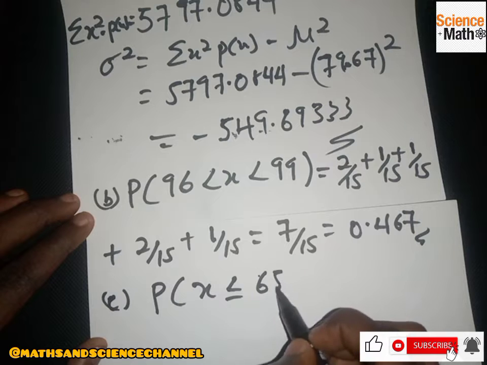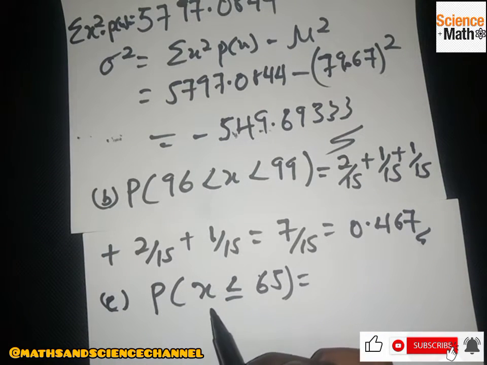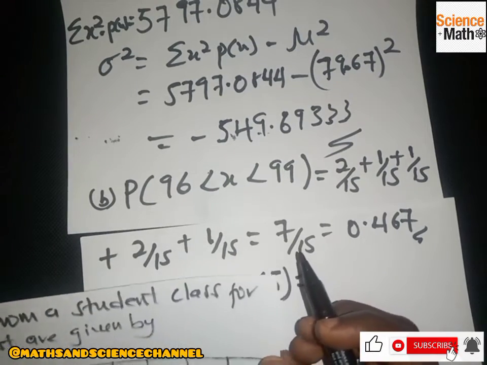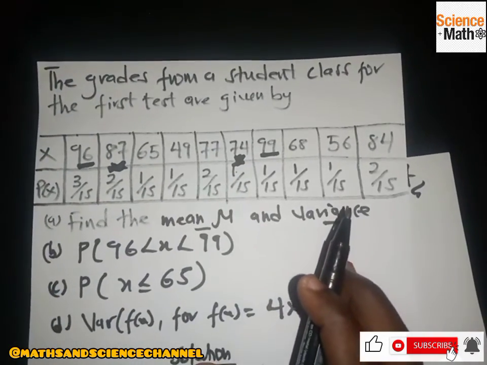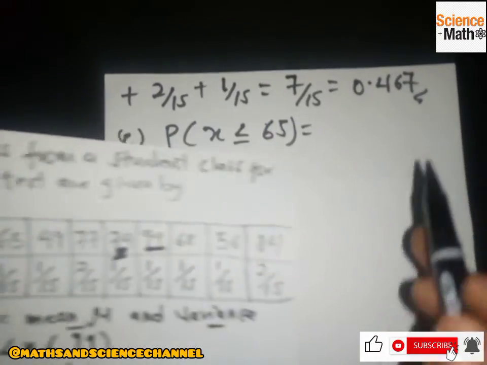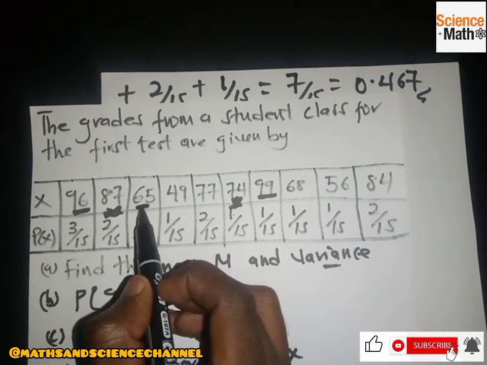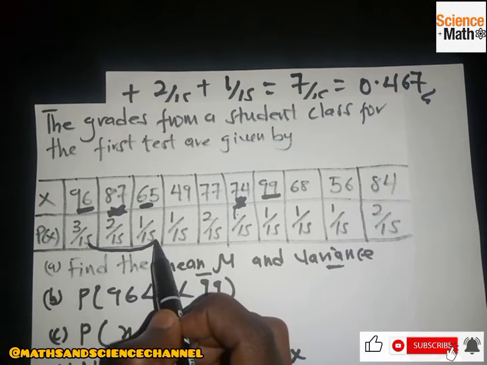Now the C part says we should find the probability that s is less than or equal to 65. So the possible values here will just be values which are less than or equal to 65. From the table we can see that the possible values are these three here.